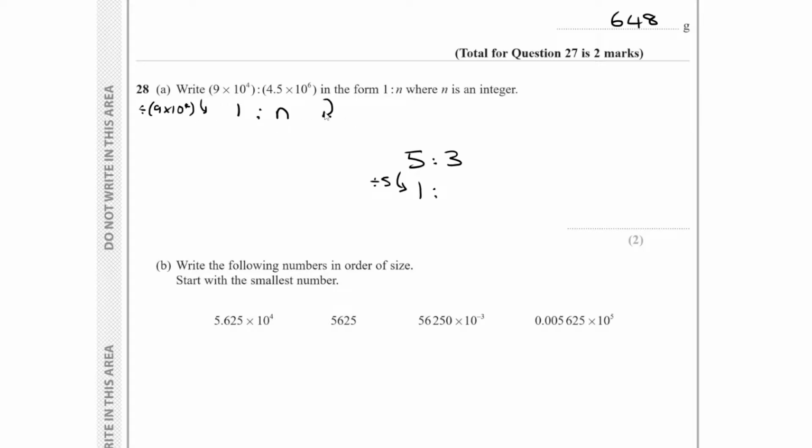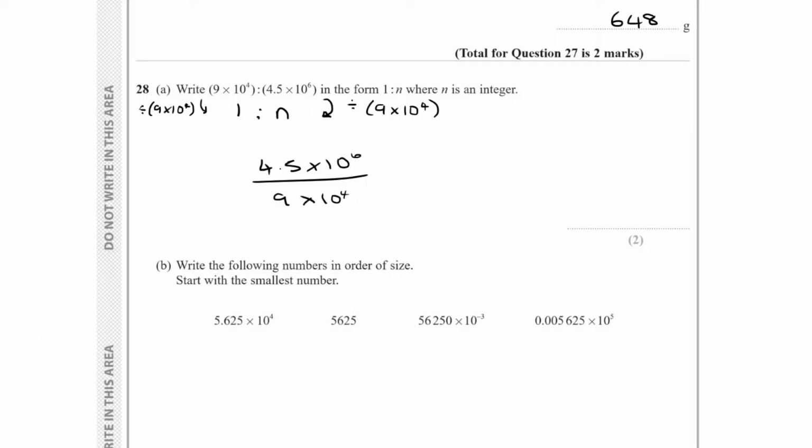But because it's a ratio, we need to do the same on both sides. So what I really need to know is I need to divide the other side by the 9 times 10 to the power 4. So the calculation I need to do is 4.5 times 10 to the power 6 divided by 9 times 10 to the 4, which I'll put in my calculator.